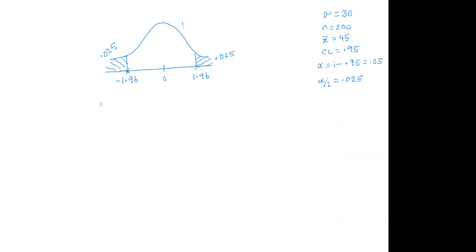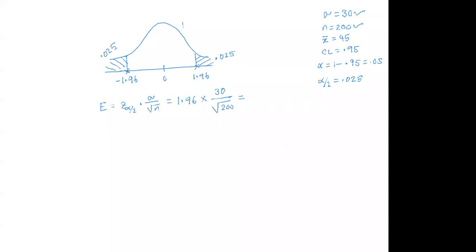Now I can find the margin of error, which is going to be z sub alpha over 2 times sigma divided by the square root of the sample size. So z sub alpha over 2 is 1.96 times sigma is 30, from the problem, divided by square root of the sample size, which is 200.